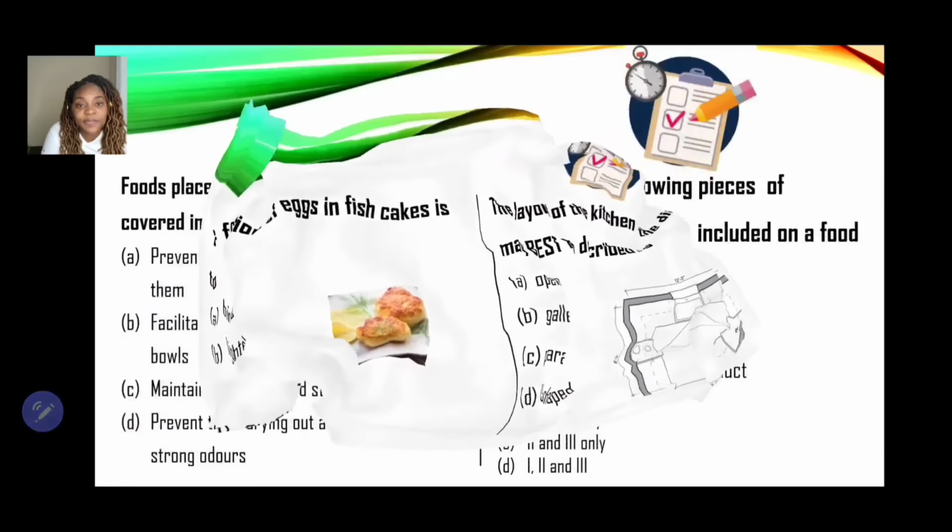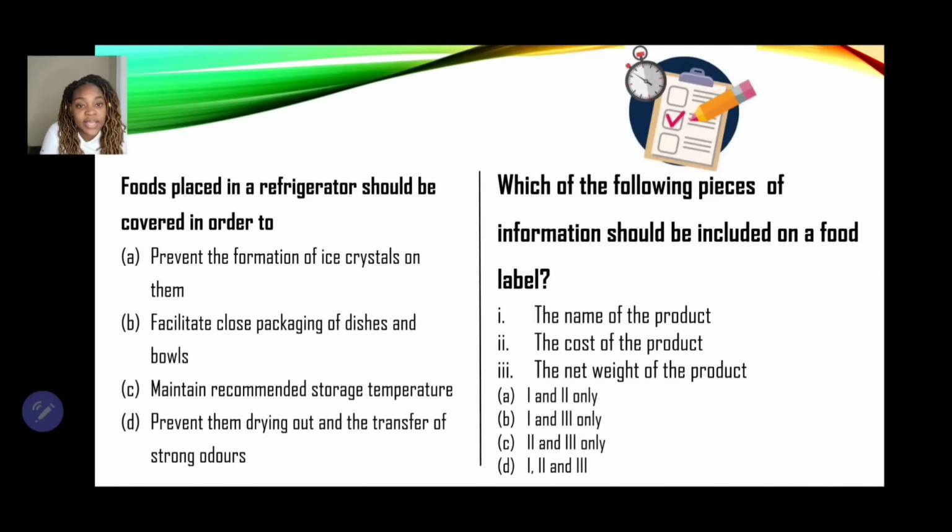Next question. Foods placed in a refrigerator should be covered in order to A, prevent the formation of ice crystals on them. So remember, we're speaking of the refrigerator now, not necessarily the freezer, right? So option A, could we take option A out? All right, let's do the process of elimination.